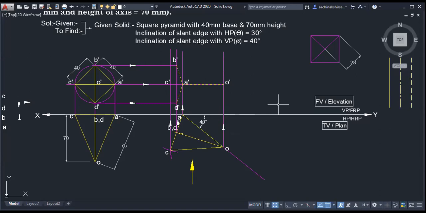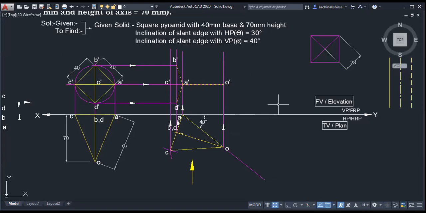Are you getting it? So 3 lines I have drawn dotted, or 3 edges I will say. Instead of line, I will say edges. 3 edges I have drawn dotted. Up to this, have you completed?